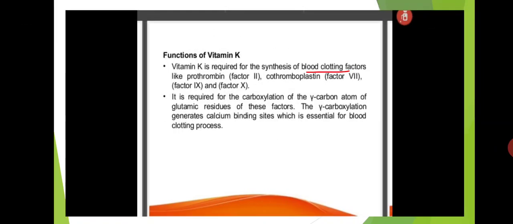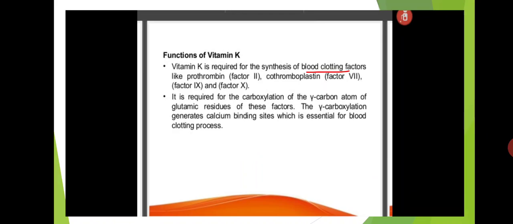Functions of vitamin K. Vitamin K is required for the synthesis of blood clotting factors. The blood clotting factors are prothrombin, thromboplastin, and others. Vitamin K is required for the carboxylation of the gamma carbon atom of glutamic acid residues of these factors.